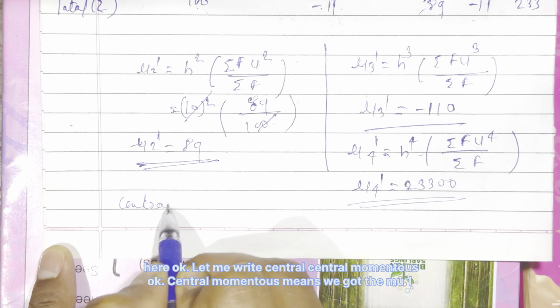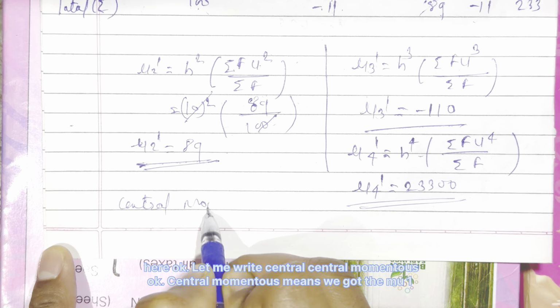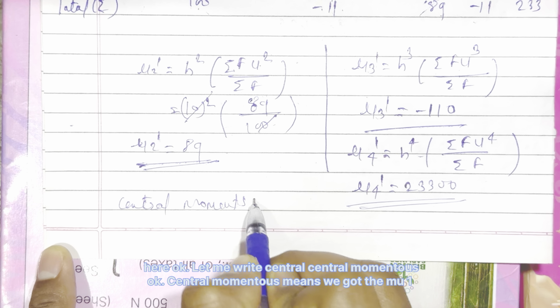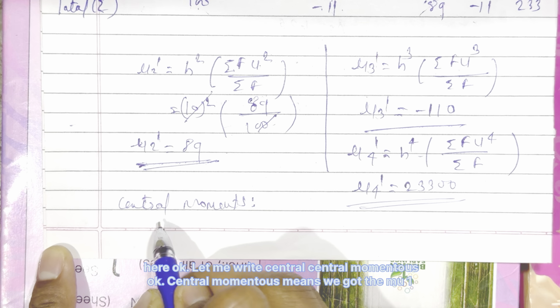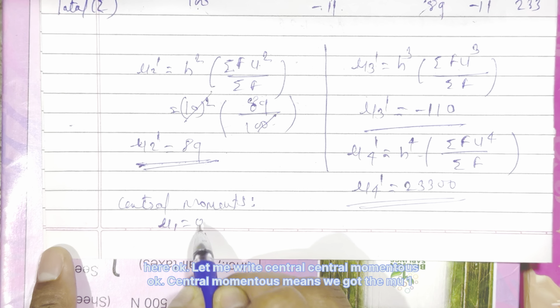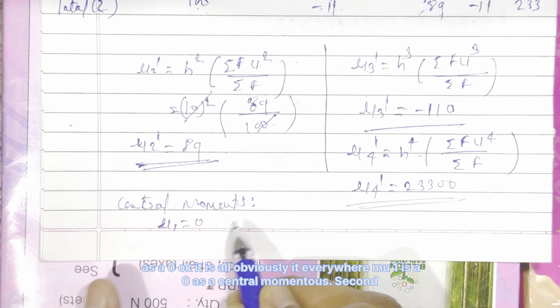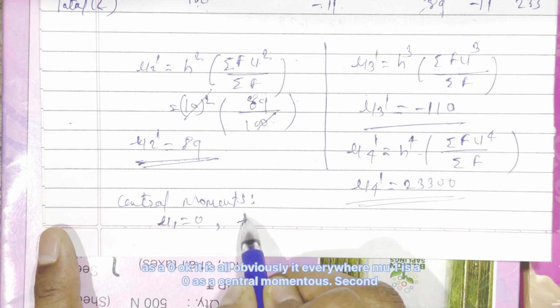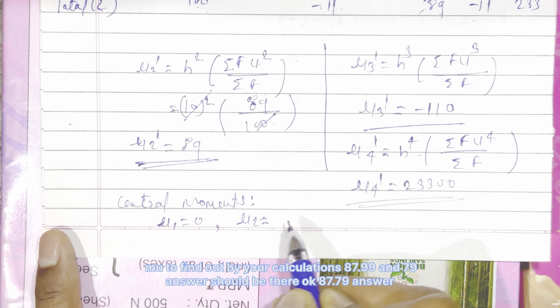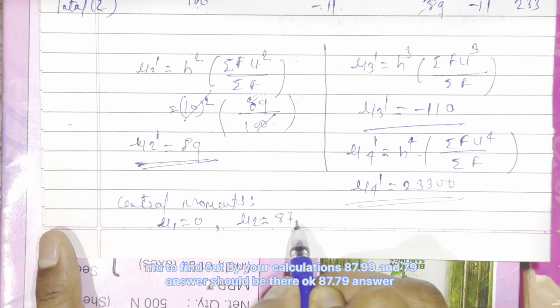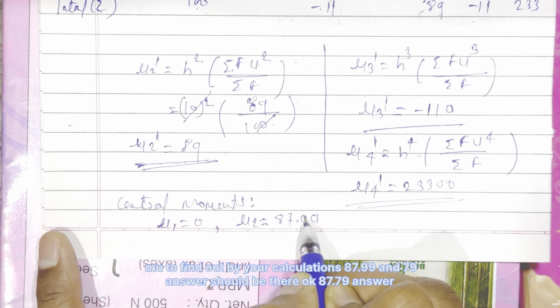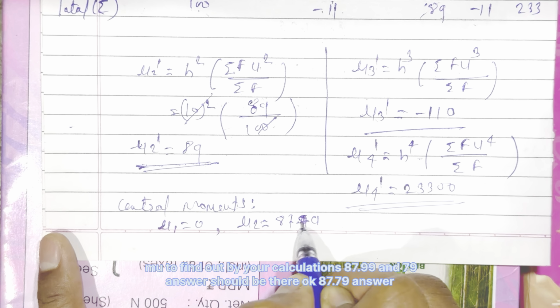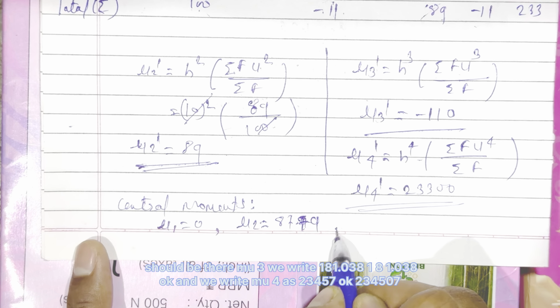Central moments. Central moments means we got mu1 as 0. Obviously everywhere mu1 is 0 as a central moment. Second, mu2, find out by your calculations, 87.79 answer should be there.